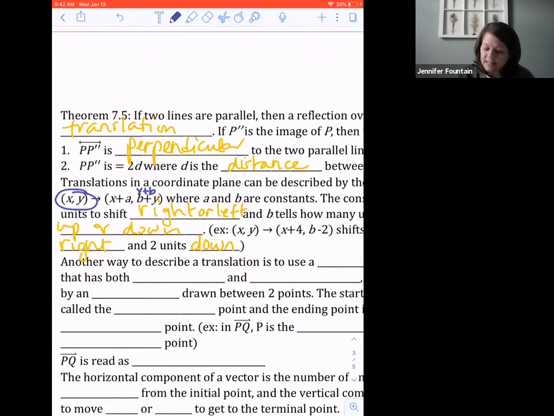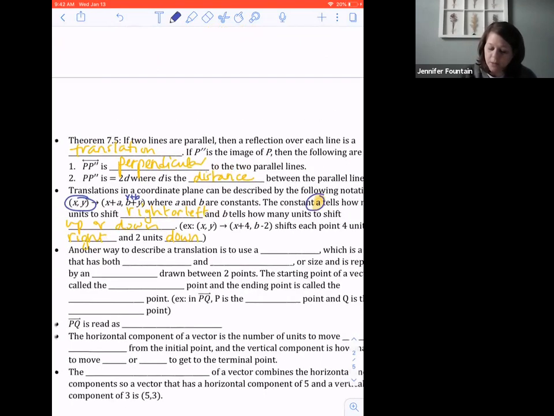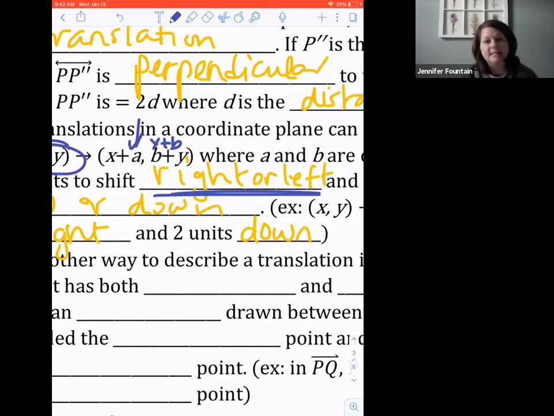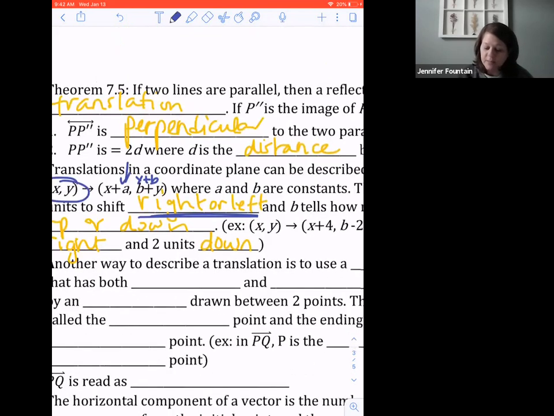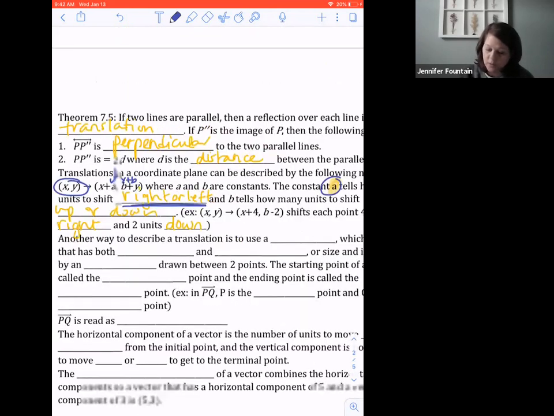And so the constant a tells me, am I going right or left? So when I add a to x, that tells me, am I shifting x left or right based on what that number is? If it's positive, I'm going to the right. If it's negative, I go to the left. And then my value of b tells me, am I going up or down? So b tells me up or down.